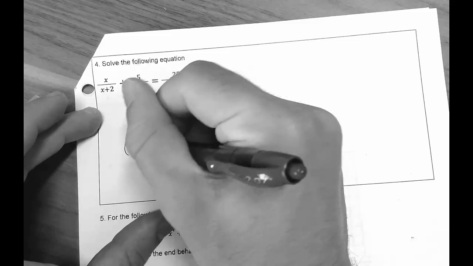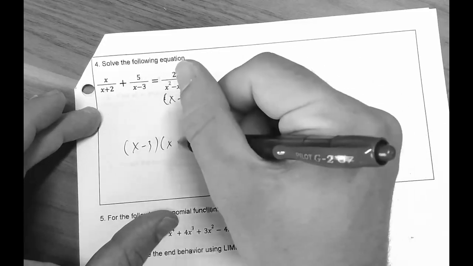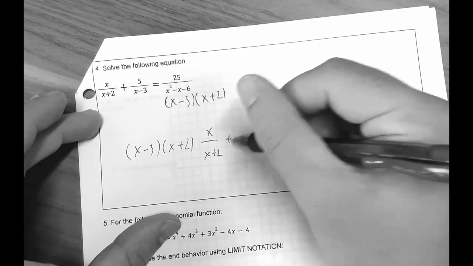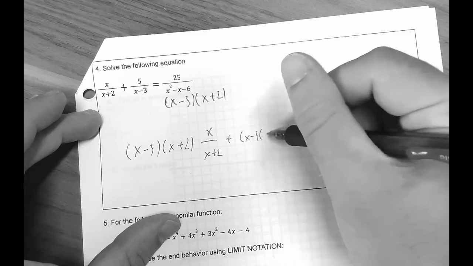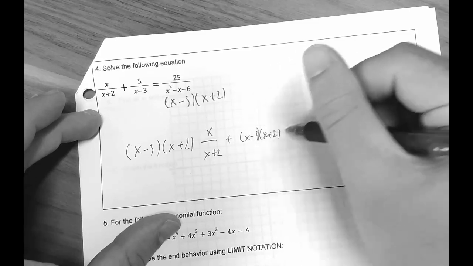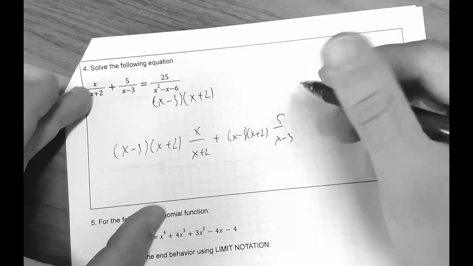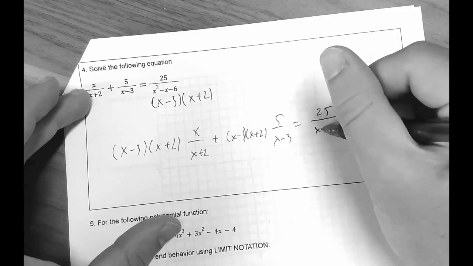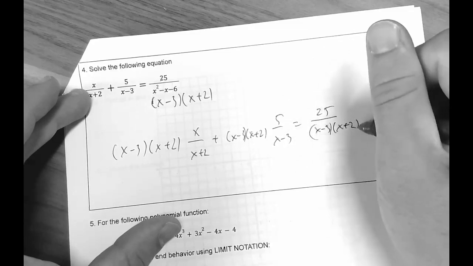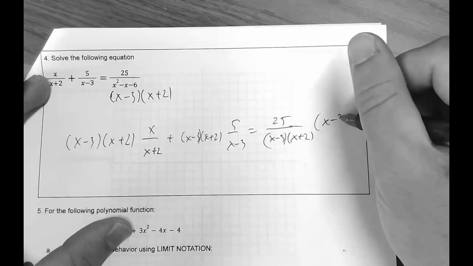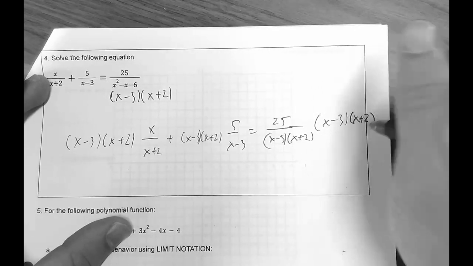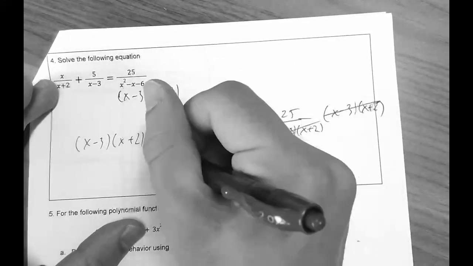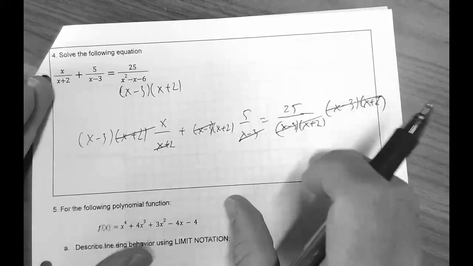So we're going to do x minus 3 times x plus 2 times x over x plus 2 plus x minus 3 x plus 2 times 5 over x minus 3 equals 25 over, again, that's just x minus 3 x plus 2 times x minus 3 x plus 2. Everything gets multiplied by x minus 3 x plus 2. So that cancels with that, cancels with that, cancels with that, and then we multiply the leftovers.